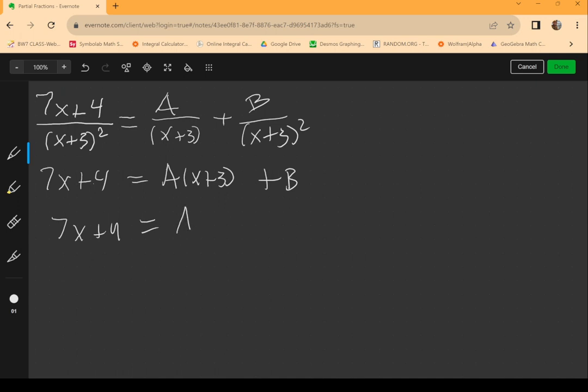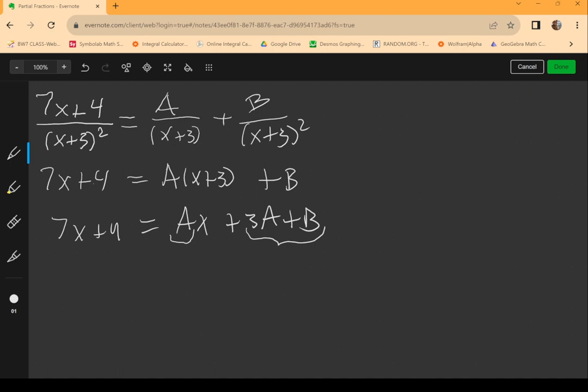And we get ax plus 3a plus b. Right, and now we line up the terms to the corresponding terms on the left side, the 7x plus 4. Right, so a is the coefficient in front of the x, and you can treat everything that doesn't have a variable as just the coefficient or the constant term.